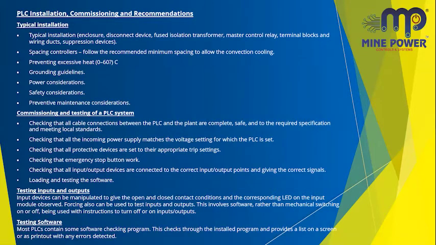When we release the push button, all components should work properly. So we check that the emergency push buttons are working. And then check that all input output devices are connected to the correct input and output points and giving the correct signals, and load and test the software.